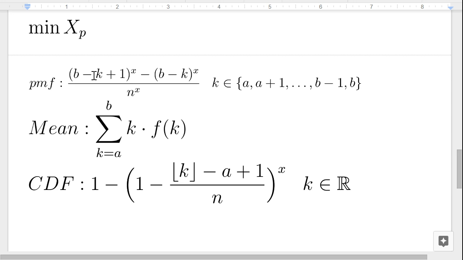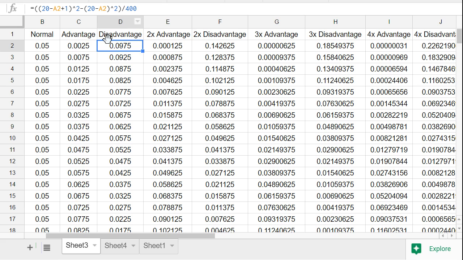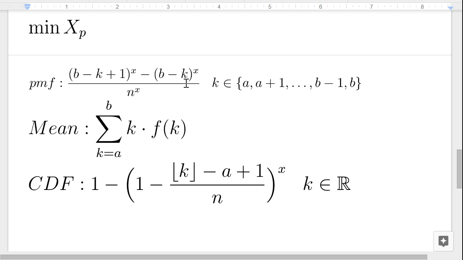Highest number minus the current plus 1. Right? And then same thing for the mean. There's no nice formula. And then for the minimum over a number of distributions, the CDF looks like this.